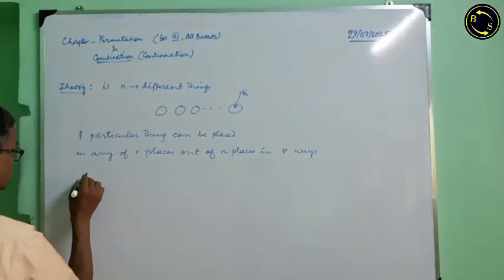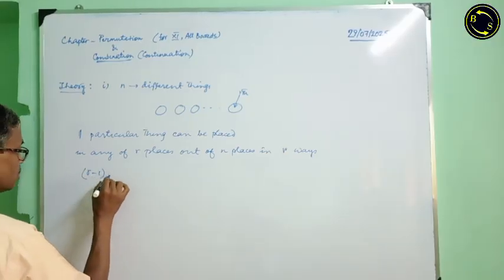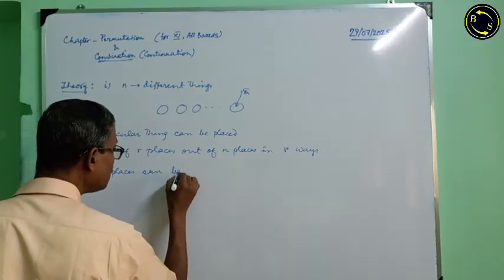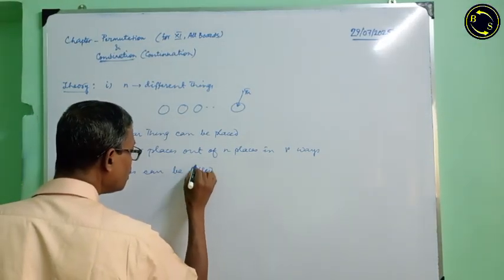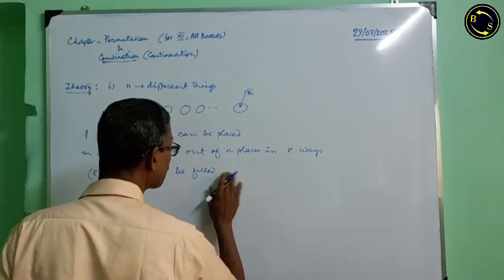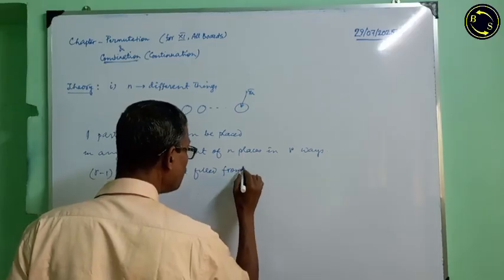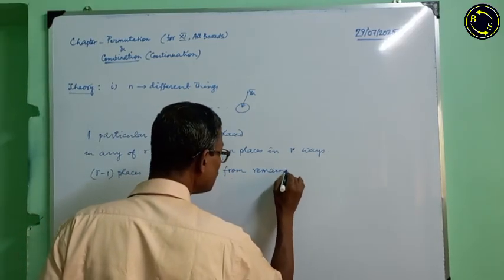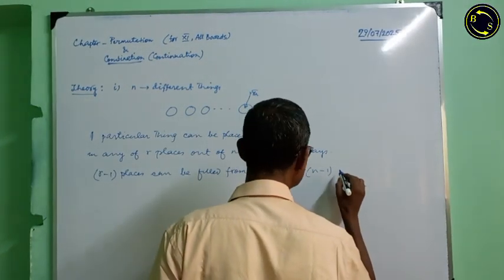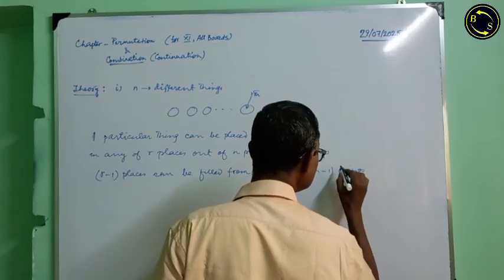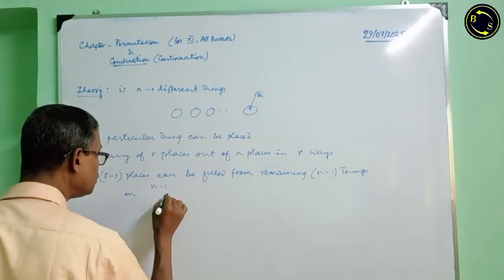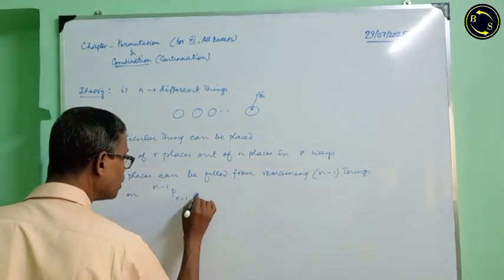R minus 1 places can be filled by the remaining n minus 1 things in how many ways? N minus 1 P r minus 1 ways.